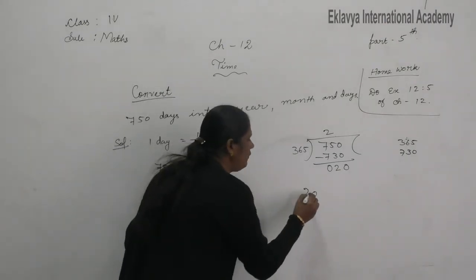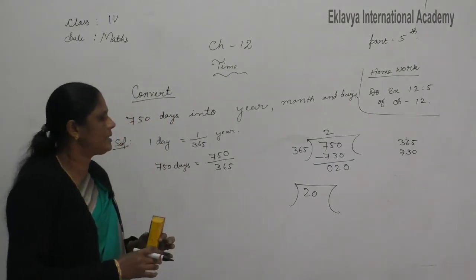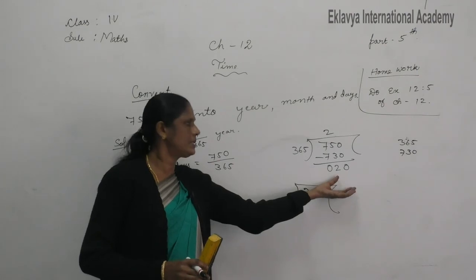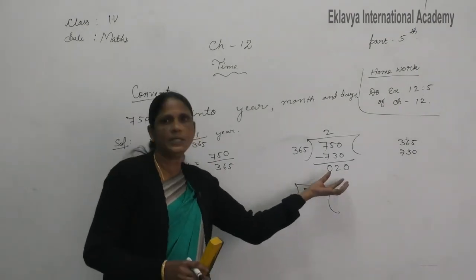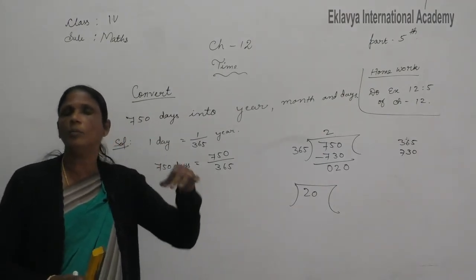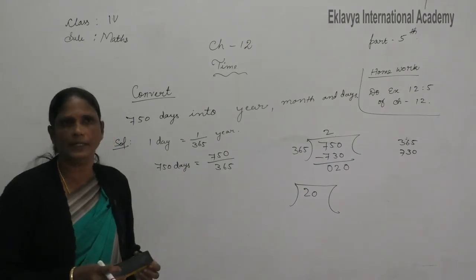Again the 20 is in days. If the remainder is 30 or more than 30, we divide by 30.